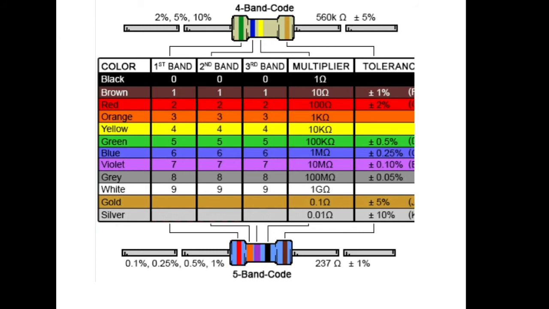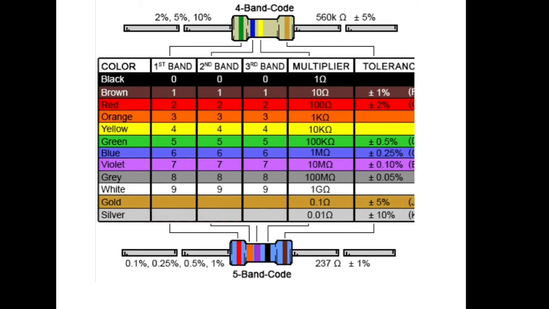Let us calculate the value of the resistance in the 4 band code resistance shown above. The first band is green here, so the green color number is 5. So 5 is first put aside. Next, the second band is blue, so it is indicated with the number 6. So 5 and 6.